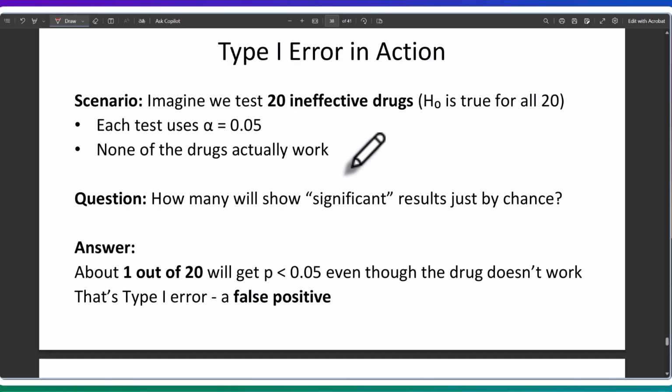But it turns out that because everything is possible, even if it's not probable, and because we're using a benchmark, this alpha equal to 0.05, meaning it's outside of the 95% interval, 1 out of 20 will exhibit a p-value of less than 0.05 just because of sampling variability. So even though we know the drug doesn't work, we will have 1 out of 20 that will show up as a false positive.